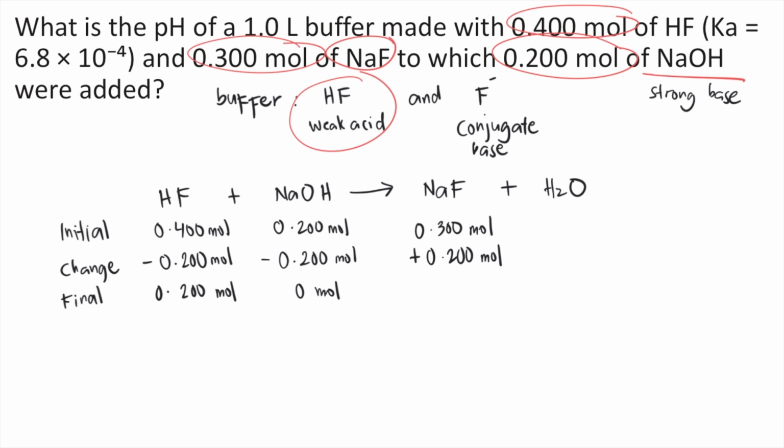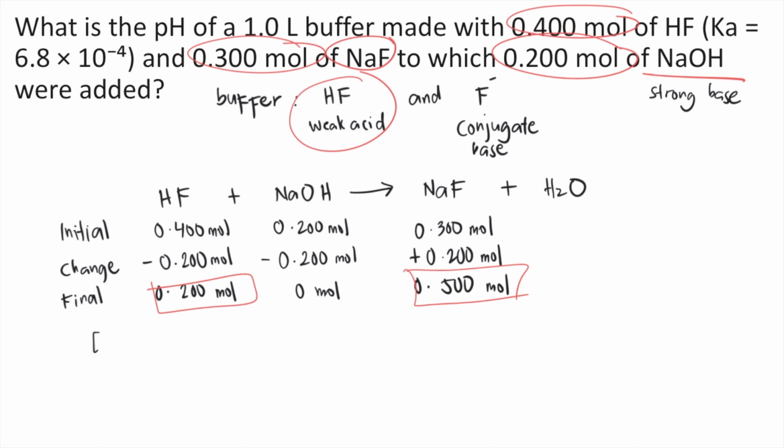For NaF, 0.300 plus 0.200, that is 0.500 moles. Okay, now that we have the moles of HF and NaF, so we got 0.200 and 0.500, we can now get their concentrations.